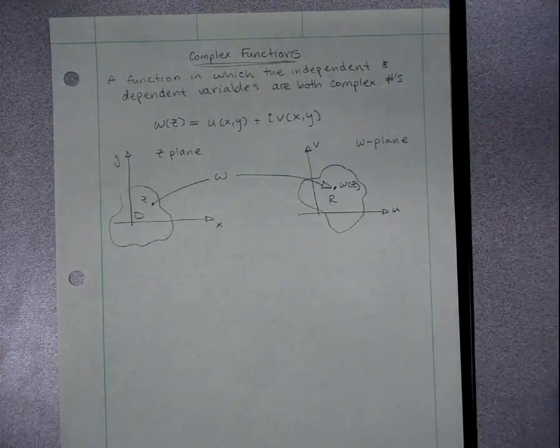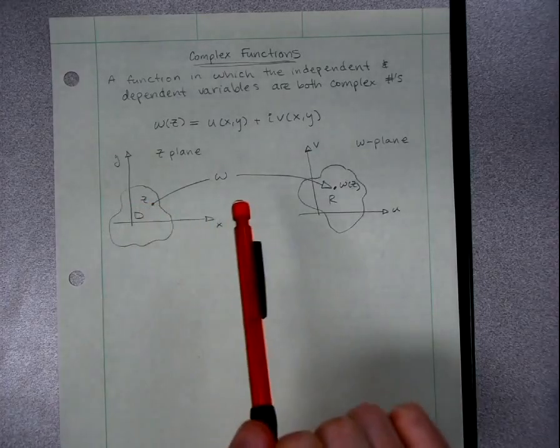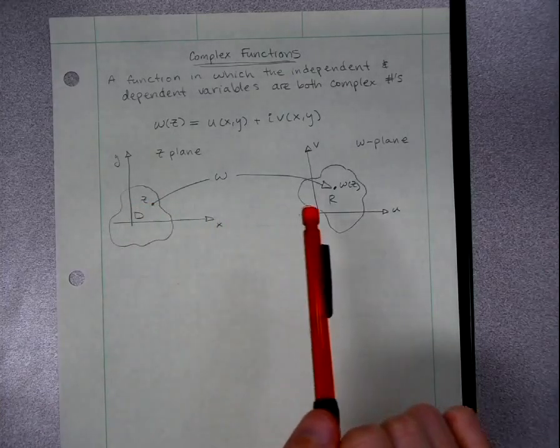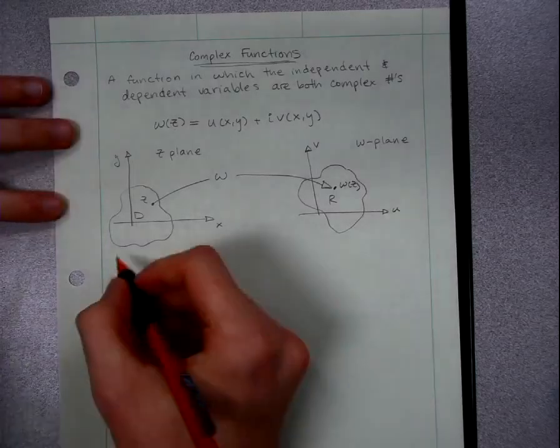So again, we're just taking our z, feeding it into some function w, and we're going to get out some new values. So now I'll do an example just to make it very clear.